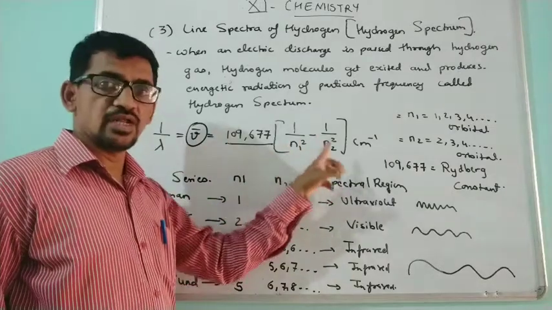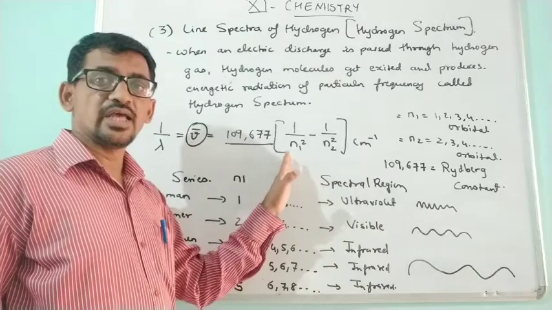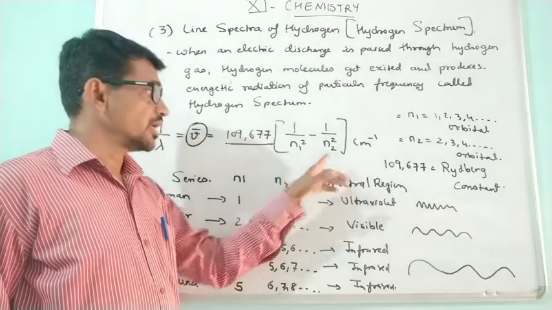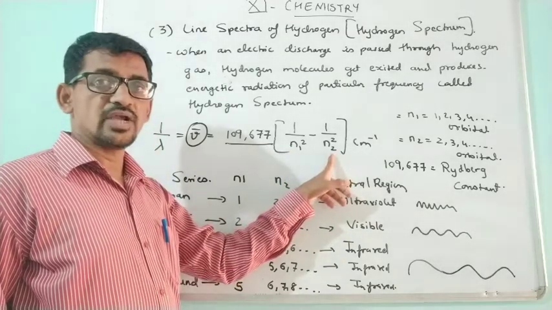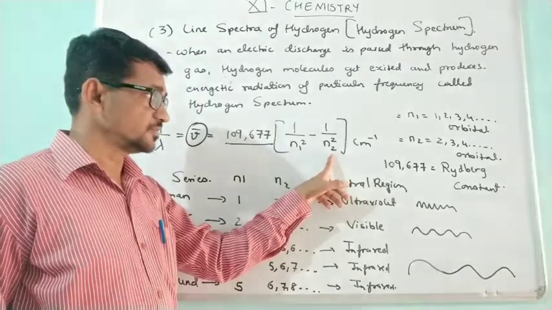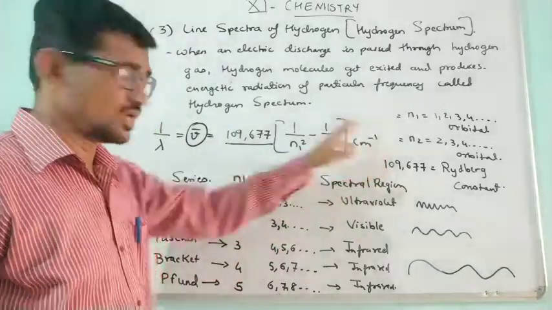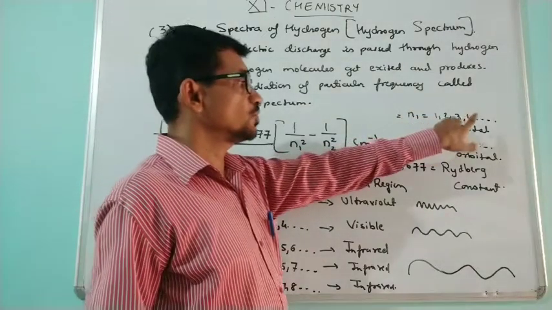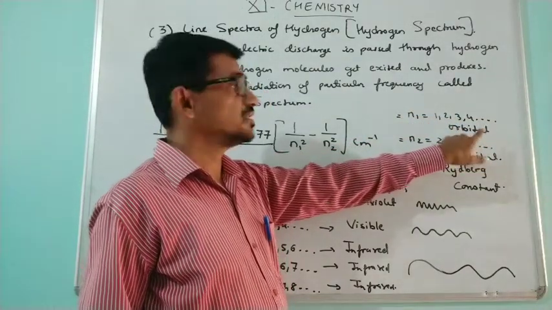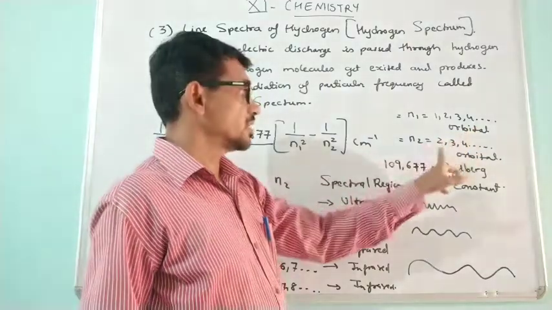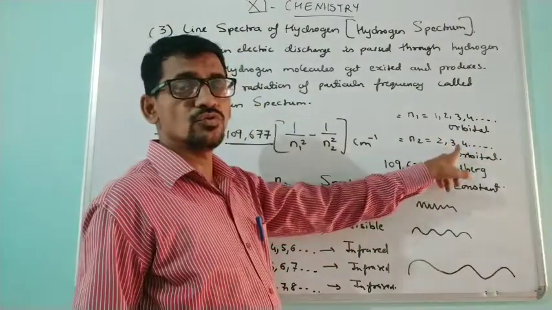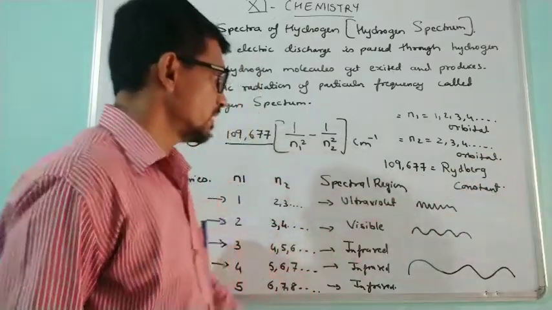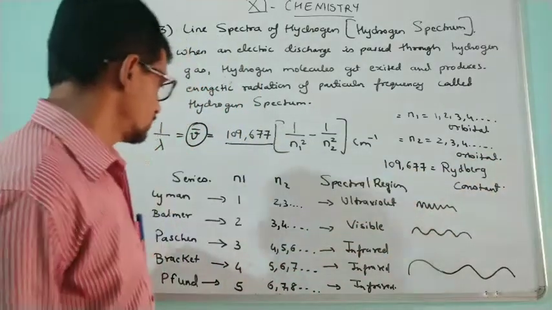Instead of n1 and n2, we can write ni, meaning initial, and nf, meaning final state, in centimeter inverse. Why? Because it is 1 by lambda. Here ni is equal to 1, 2, 3, 4 onwards, integers that are nothing but the orbitals, and nf is equal to 2, 3, 4 onwards, orbitals. And this is the Rydberg constant.